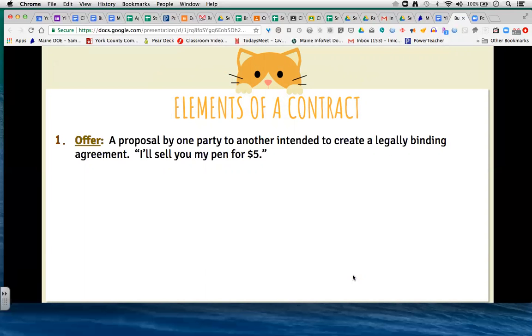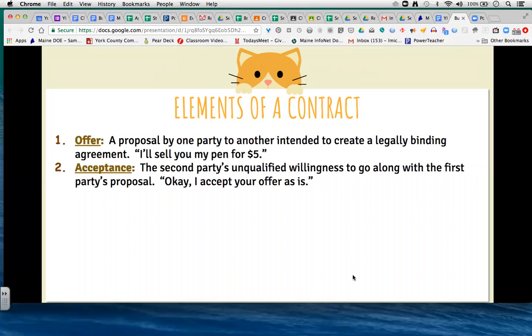An offer is a proposal by one party to another intended to create a legally binding agreement. For example, I'll sell you my pen for $5. 2. Acceptance is the second party's unqualified willingness to go along with the first party's proposal. Okay, I accept your offer as is.